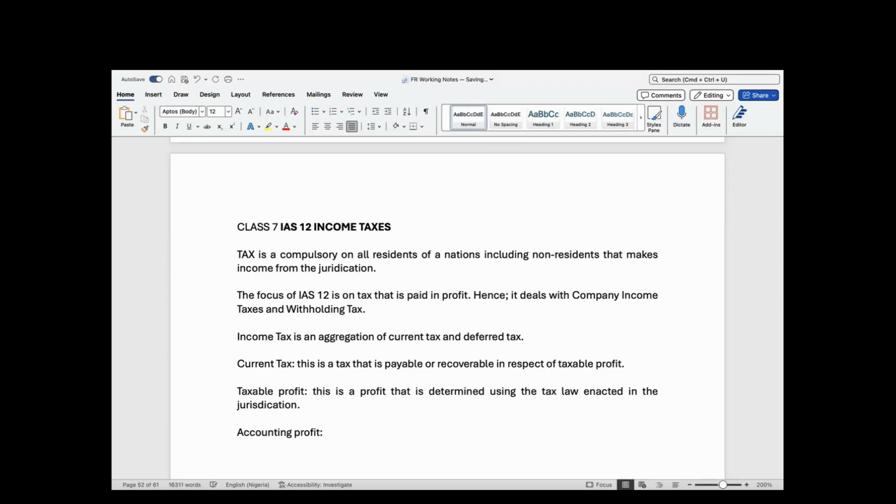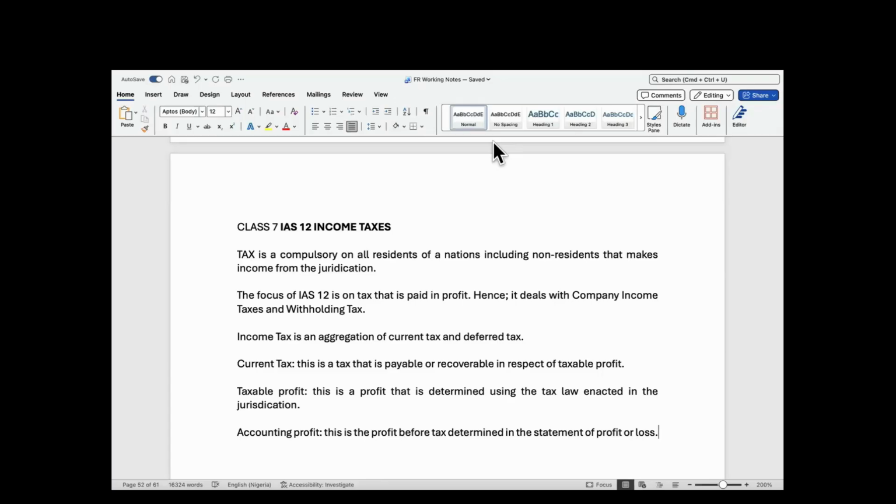So accounting profit is the profit before tax determined in the statement of profit or loss. That profit before tax that we determine in the statement of profit or loss is accounting profit. You don't pay tax on that. We need to determine taxable profit for you to pay tax.